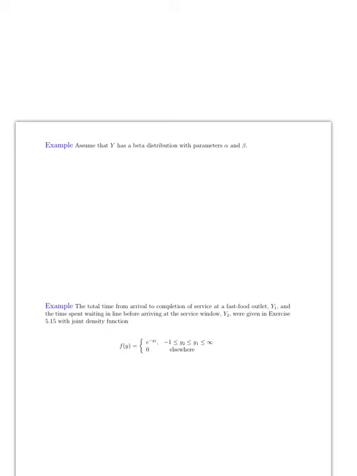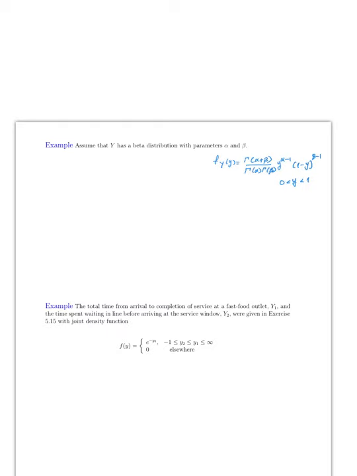All right, let's do one more example where we have only one variable. Here y has a beta distribution. Remember, that means the density function is equal to gamma of alpha plus beta divided by gamma of alpha times gamma of beta, times y to the alpha minus 1, times 1 minus y to the beta minus 1, where y is between 0 and 1.